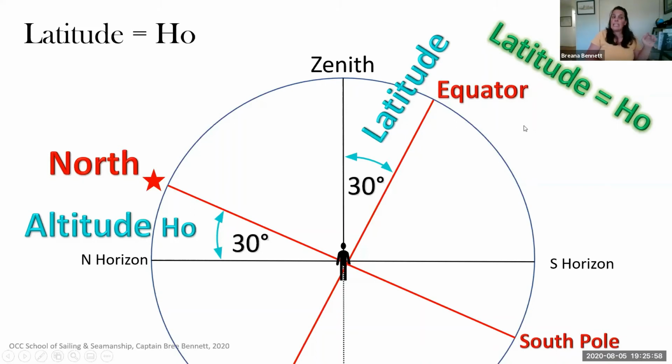If you are in the southern latitudes and you see the North Star, it's going to be really low on the horizon. If you are in the northern latitudes up in Alaska, that North Star is going to be pretty high above you. That means your altitude of it is very high, meaning your latitude is high.